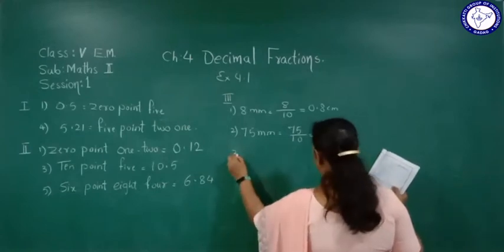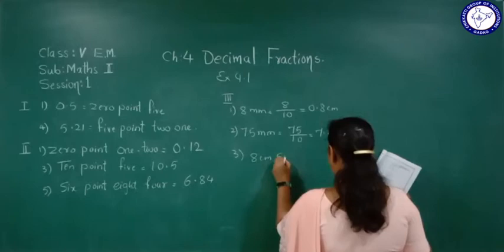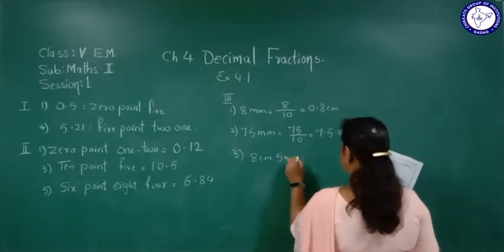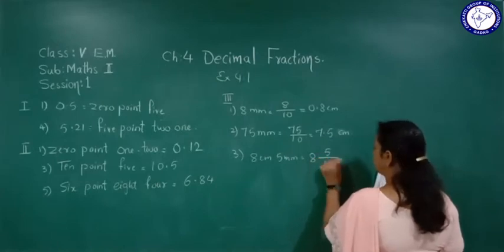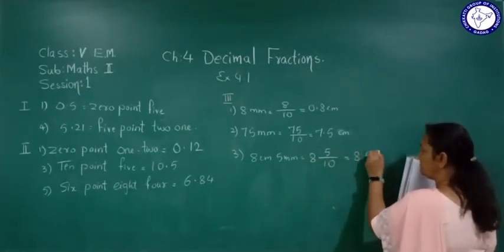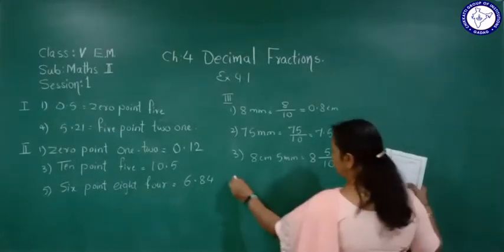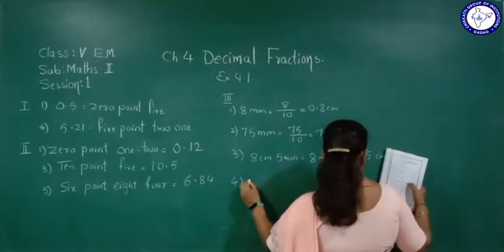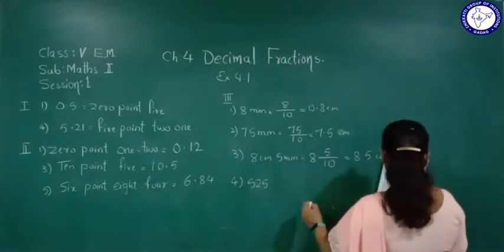Then third one, it is 8 centimeter 5 mm. So here 8 centimeter as it is, 5 mm we write 5 by 10. So it is 8.5 centimeter. Then fourth one, it is 525 mm.